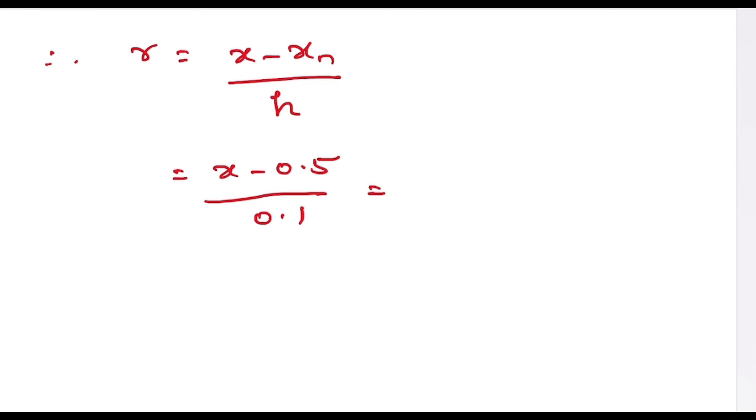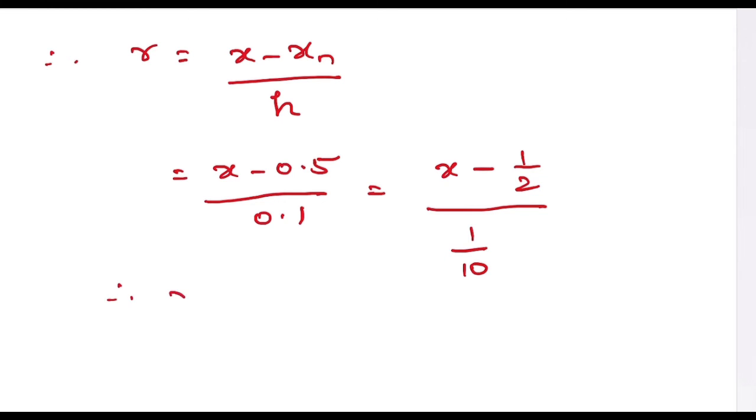So after substituting these values, our r is equal to x minus 0.5 divided by 0.1, that is equal to x minus 0.5 can be written as 1 by 2, the whole divided by 0.1 can be written as 1 by 10.